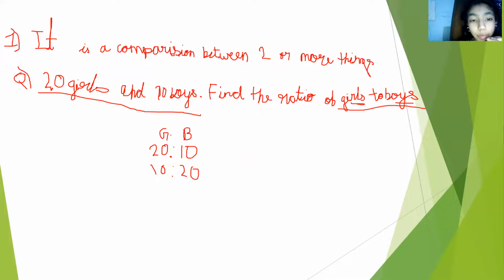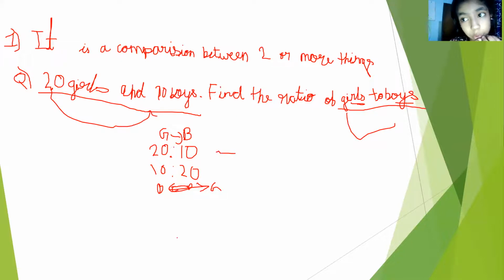So girls to boys will be 20 ratio 10. And boys to girls will be 10 ratio 20. Because it's girls to boys, how many girls? 20, to boys. So we write it as 20 ratio 10.